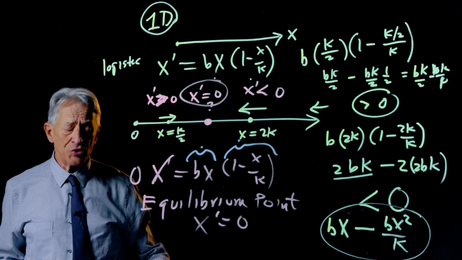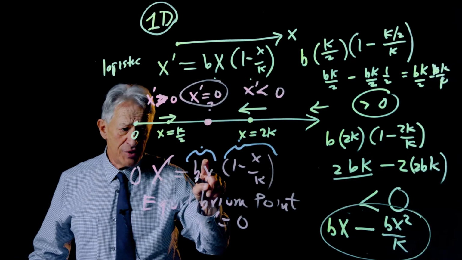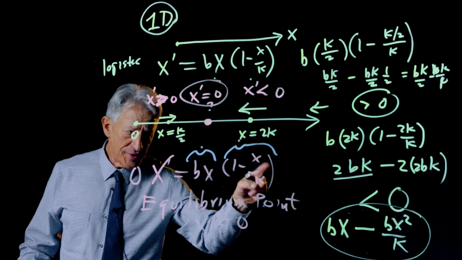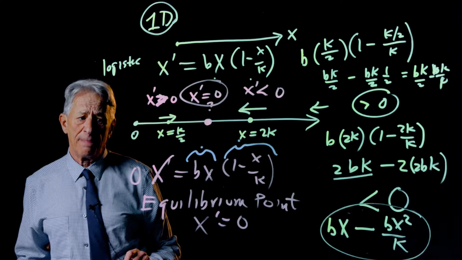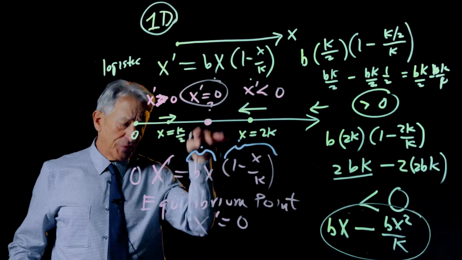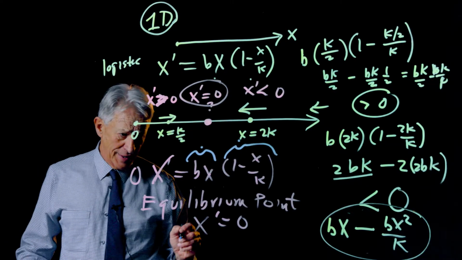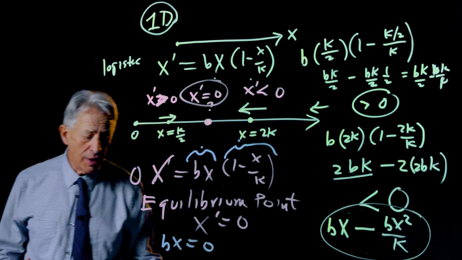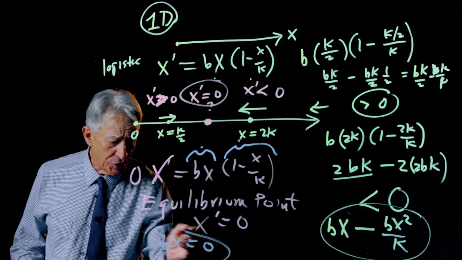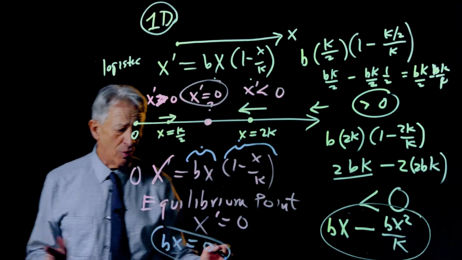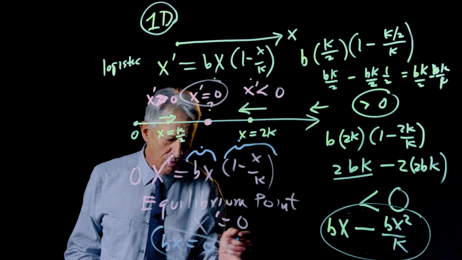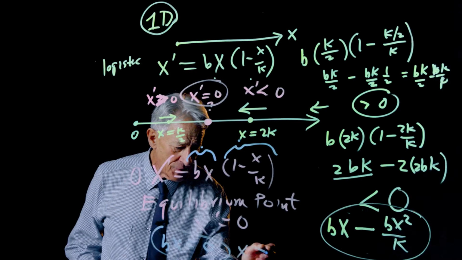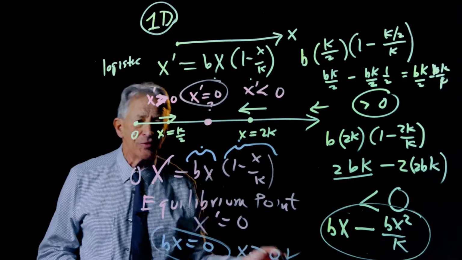So we have two choices here. This can be 0, or the second term can be 0. Well, let's deal with the first case, which we haven't talked about yet. If bx equals 0, can you solve this equation for x? Well, yes, b is not 0, and bx is 0, so that's got to be x equals 0.